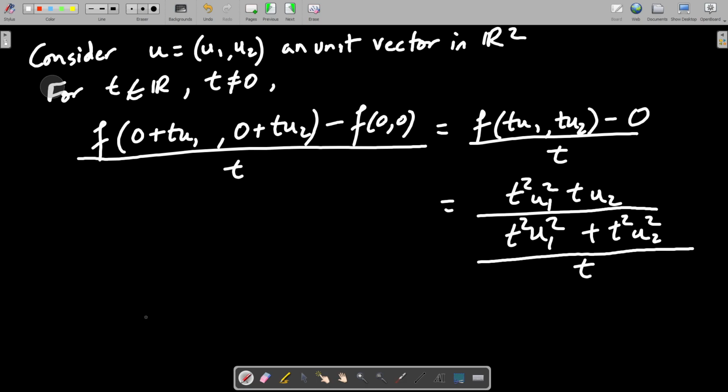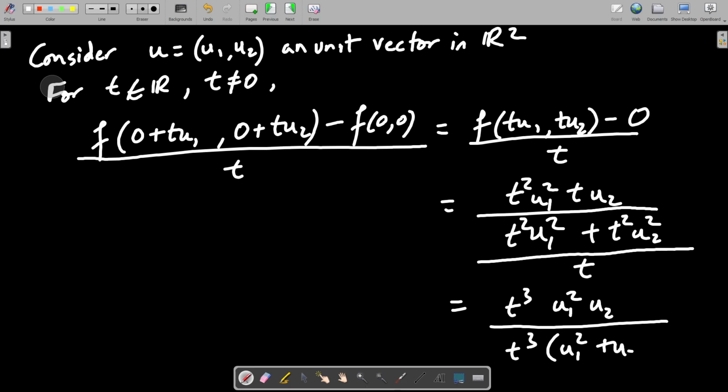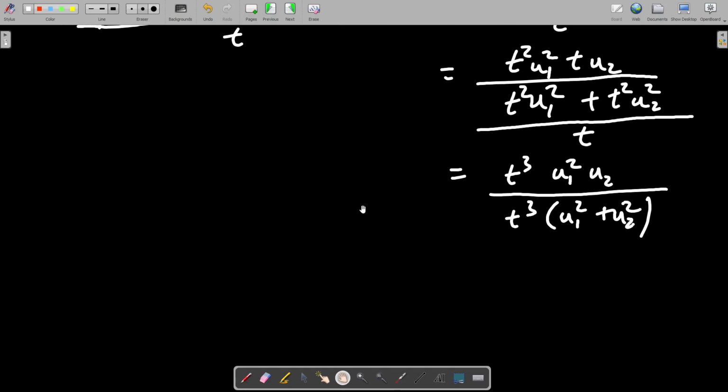As you can see, the numerator becomes t cube u1 square u2, upon the denominator, where t square comes out common and one more t comes here, so this is also t cube into u1 square plus u2 square. They cancel out and leave you with u1 square u2 upon u1 square plus u2 square.